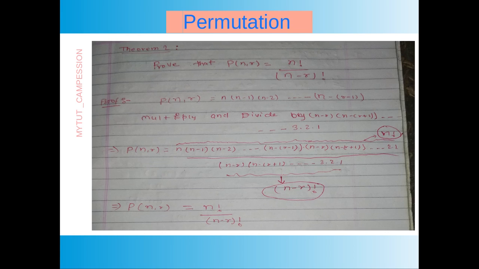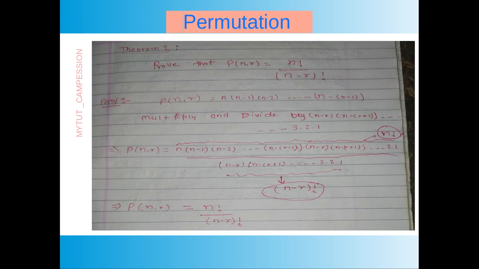Now multiply and divide by (n minus r) into (n minus r minus 1) into dot dot dot up to 1. So P(n,r) is equal to n into (n minus 1) into (n minus 2) into dot dot dot (n minus r plus 1) into (n minus r) into (n minus r minus 1) dot dot dot 2 into 1, divided by (n minus r) into (n minus r minus 1) dot dot dot 2 into 1.